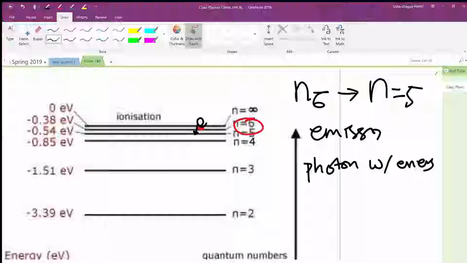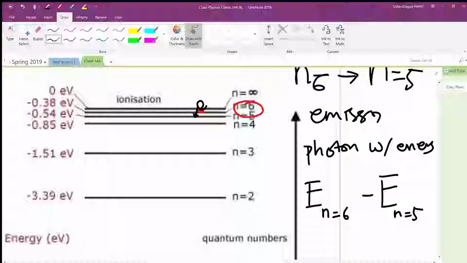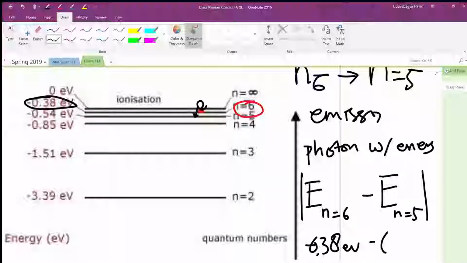So we know the energy of n equals 6 minus the energy of n equals 5. And just as good housekeeping, put an absolute value in front of it. And if we look at the graph, the energy of n equals 6 is negative 0.38 electron volts minus the next one at the bottom, negative 0.54 electron volts.